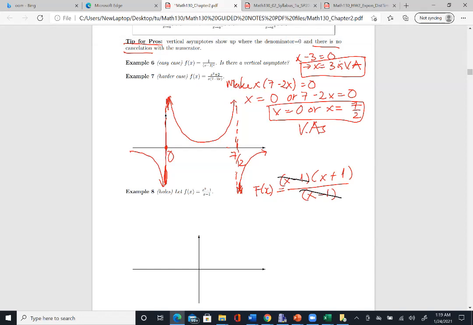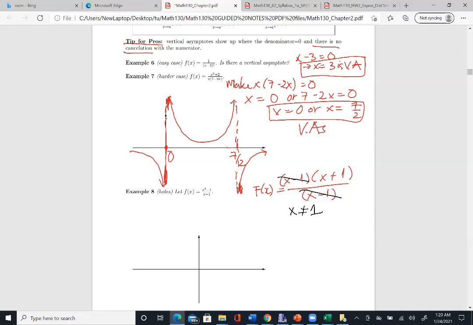if x is not equal to 1. Okay, because x equal to 1 is not in the domain, right? So in this case now we just have f(x) equal to x plus 1, with the domain x not equal to 1.